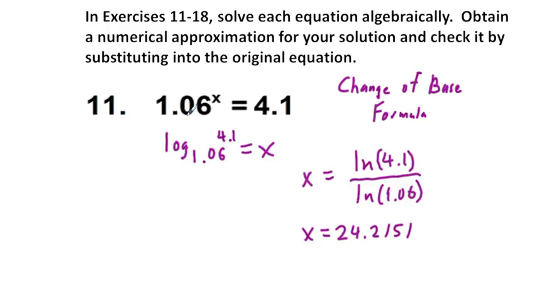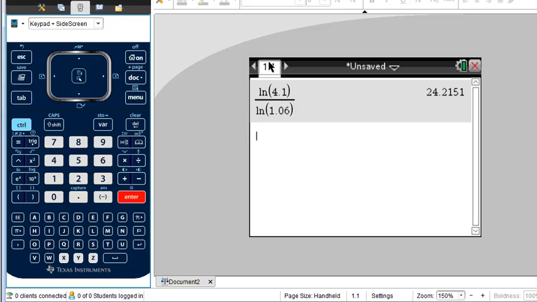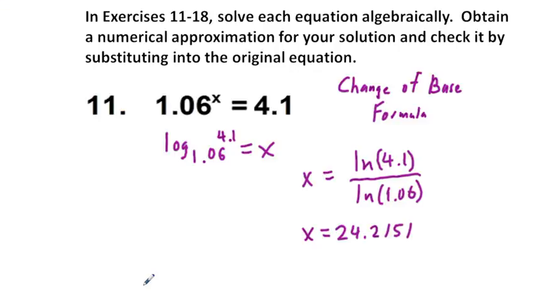And we're going to check our original equation here, and to do that, I'm going to store a value for 24.2151. We'll say Control negative sign, which is ANS, and then Control vars for storage, we'll say A. So we stored for A, and we want to find 1.06 to the power of x.